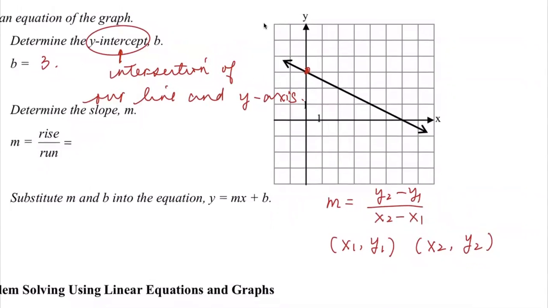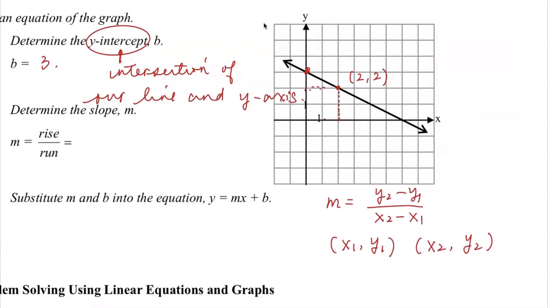So, for example, we can use this point. Let's find the coordinates of this point. The x here, 1, 2. So the x coordinate is 2. The y here is 2. So the coordinates of this point are 2, 2.